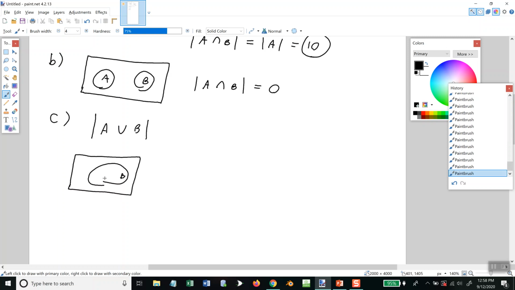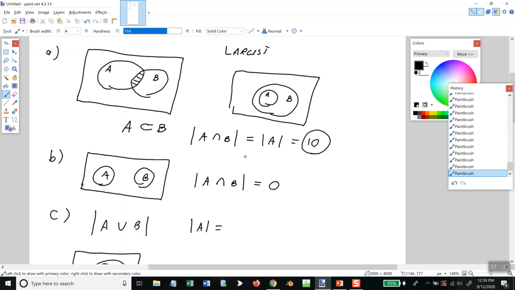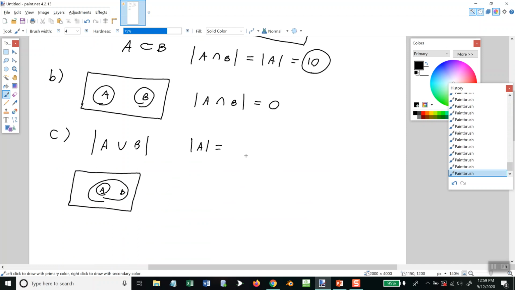If I have B here and I have A contained completely within B. Remember the cardinality of A is 10, and the cardinality of B was 15. So if A is completely contained in B, then the cardinality of the union, B, is going to be our smallest, which is 15.